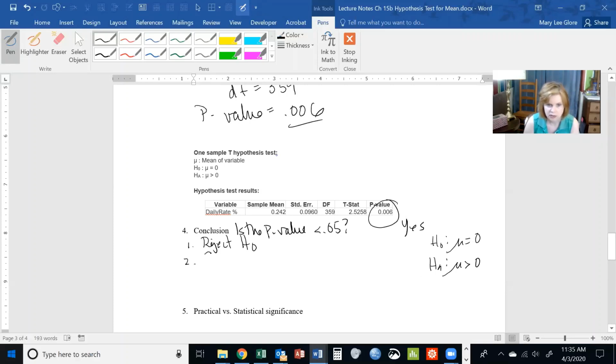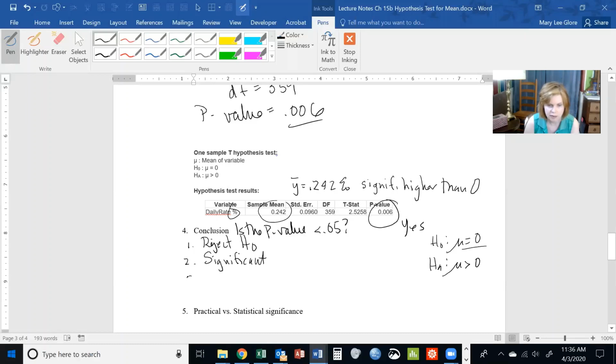And we call this significant. My sample mean, which is 0.242, is in percent. So 0.242% is significantly higher than 0. It's enough evidence that the mean is not 0.